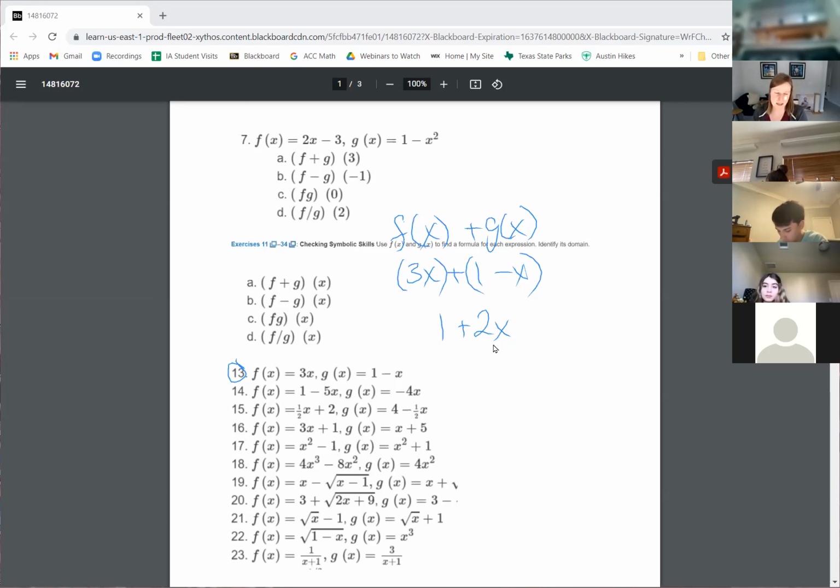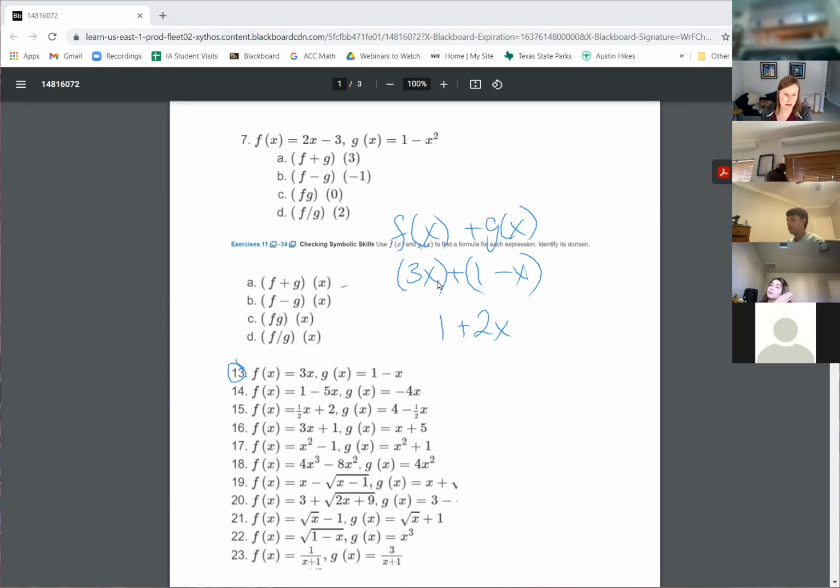So why did you set it equal to 0? I thought we had to solve it for x. No, we're just simplifying it as much as we can. Oh, okay. Yeah, there's no equal to anything. Like up here, if it said equal to 0, then we would set it equal to 0 at the end, but it doesn't say that. There's no equal sign, yeah.